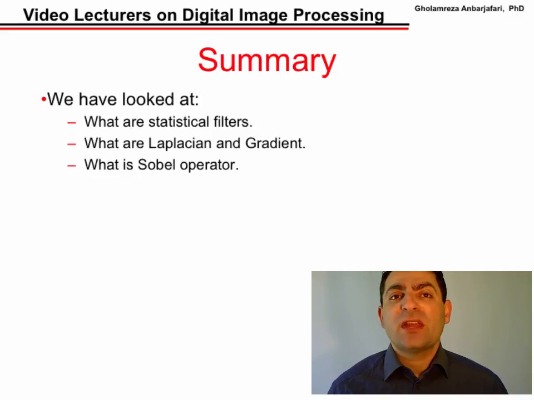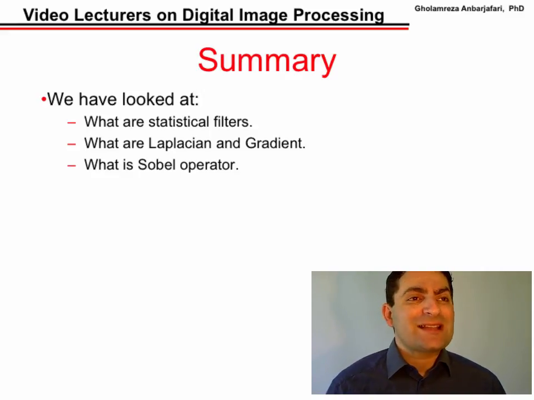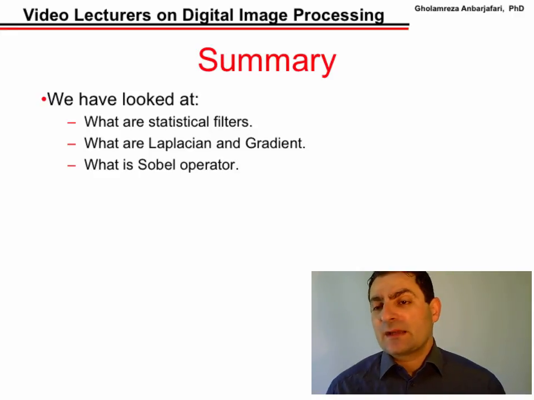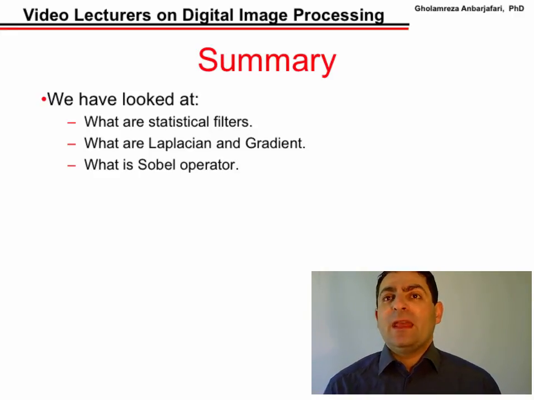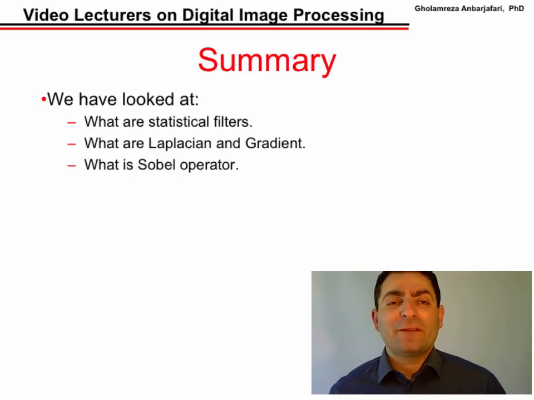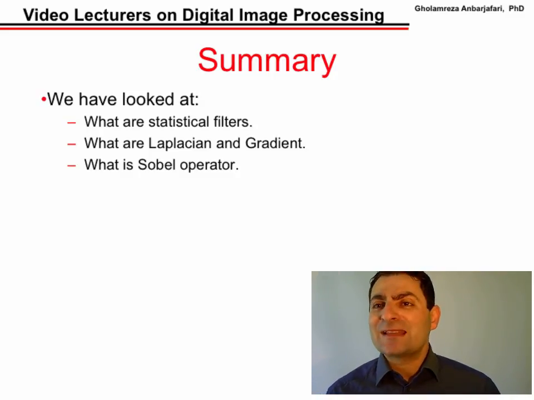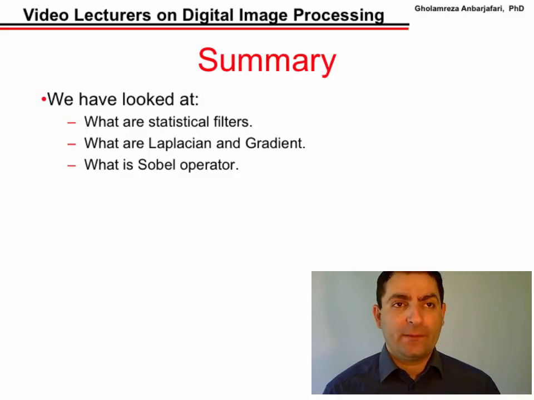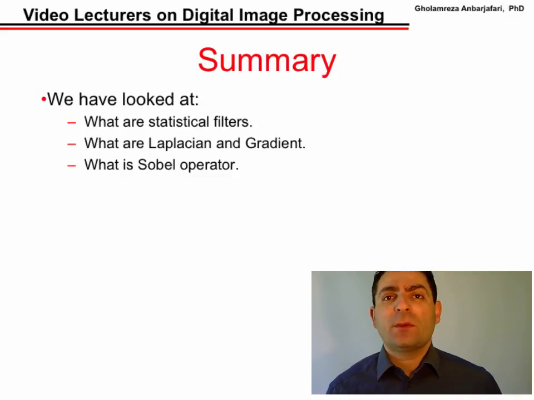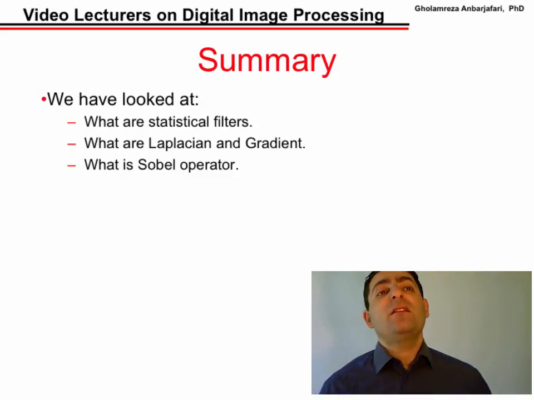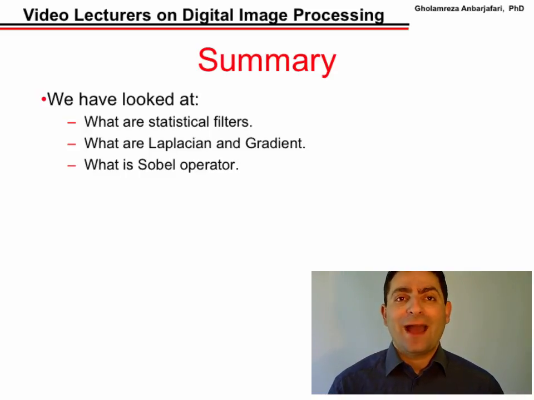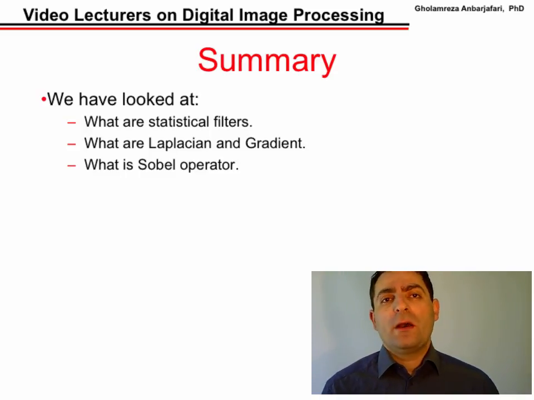Now, as I mentioned, this was the last lecture of this E-series of digital image processing. In the course of digital image processing, we will pick up the topic right after this lecture, which means that we will start to talk about image enhancement in the frequency domain. After that, we will talk about color images, and later we will get back to the spatial domain and talk about a few more functions and filters.